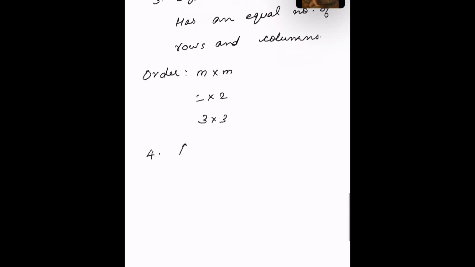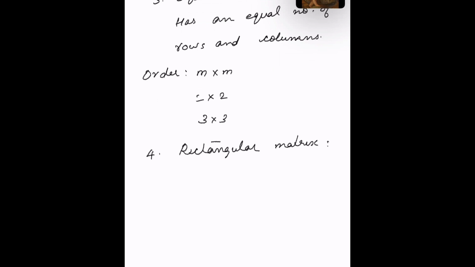Next is a rectangular matrix. What is the meaning of rectangle? A rectangle doesn't have its length and breadth the same, right? Think of it that way. A square has length and breadth the same. So consider length and breadth as number of rows and columns.